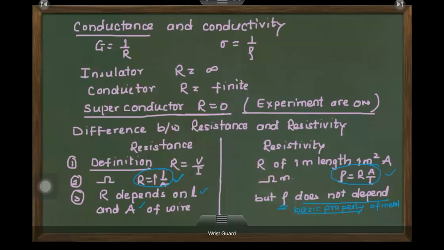So when the metal is same, the resistivity will be same. So R depends on length, but rho does not depend. And on which does it depend? It depends on nature of metal.